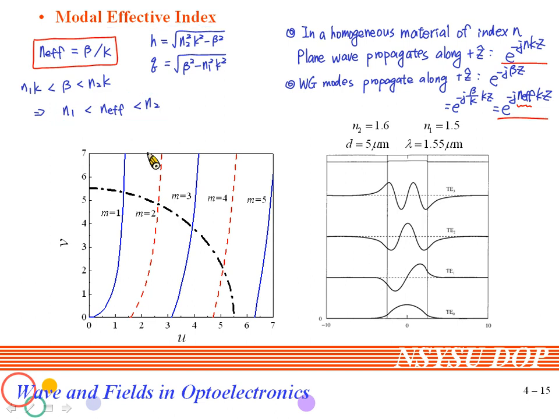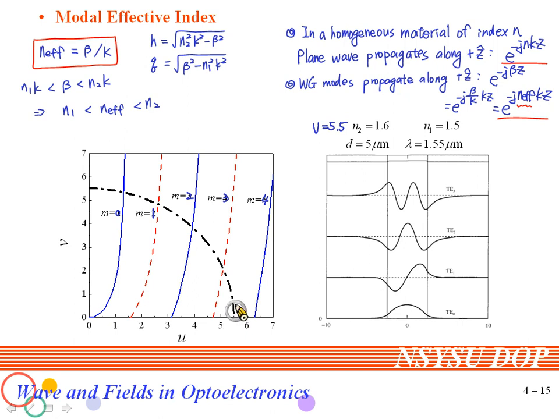Okay? Next, let's find out the modal effective index of each waveguide mode from this figure. Please note that this is M0, this is M1, this is M2, this is M3, and this is M4. Under this condition, we have the normalized frequency V of 5.5.